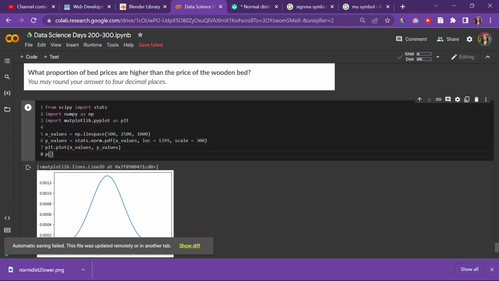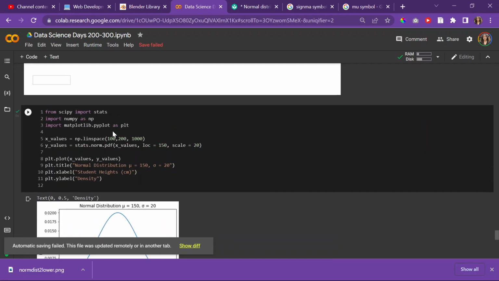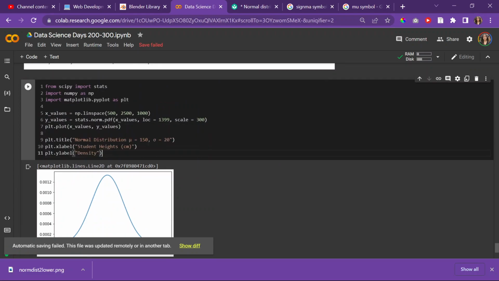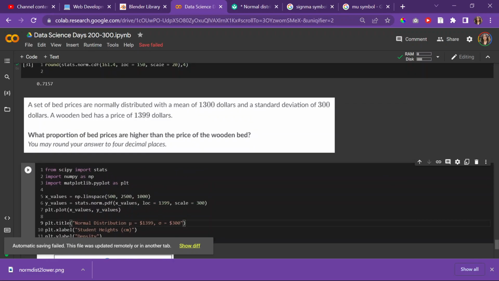To get some context again, I'm going to copy and paste this because I don't want to write this 5,000 times. Dollars, and it deviates $300. And what's our x value?